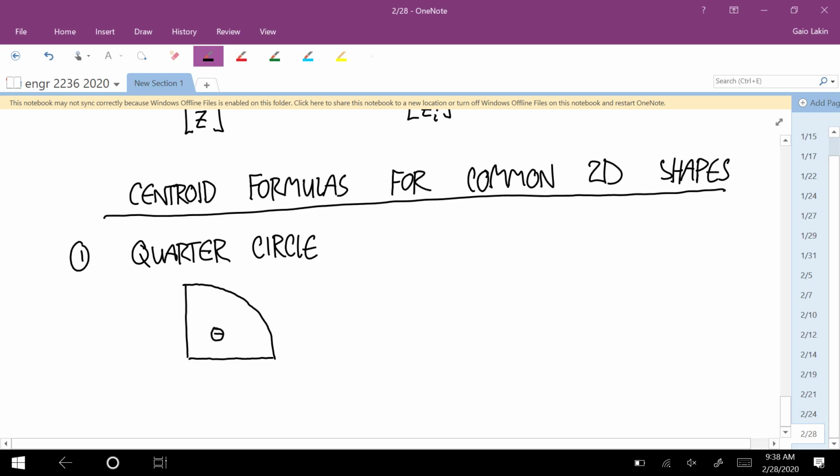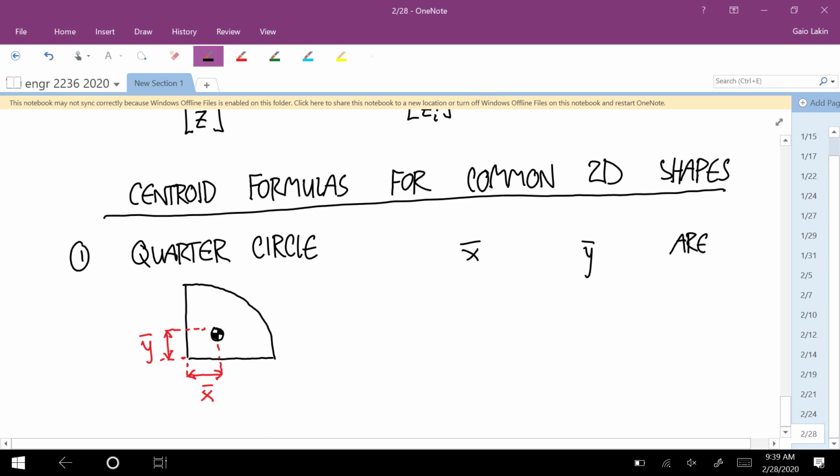Okay, so here's the centroid. And so we're going to think of this distance as our x bar, and this distance is our y bar. And for each of these, I'm going to give you the x bar formula, the y bar formula, and the area formula.